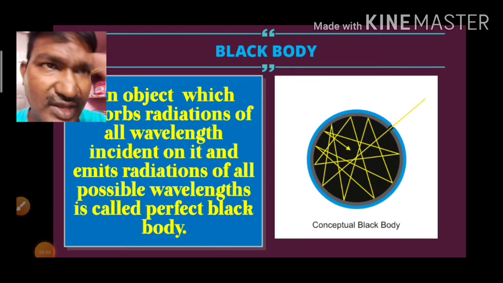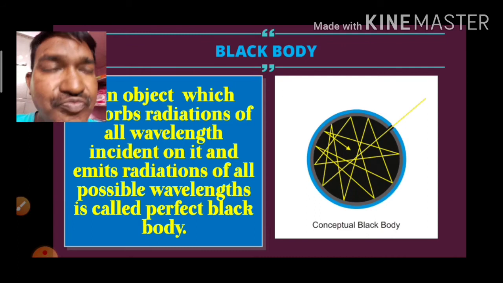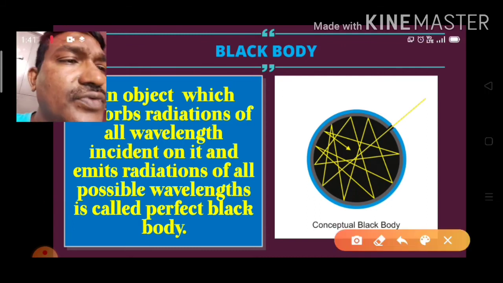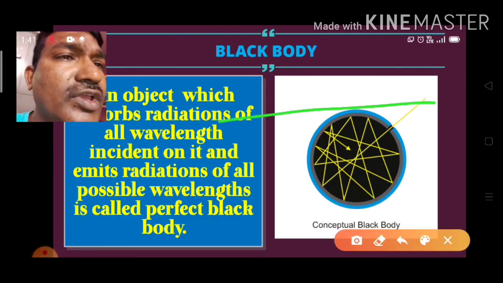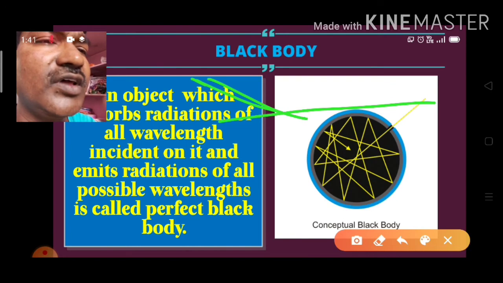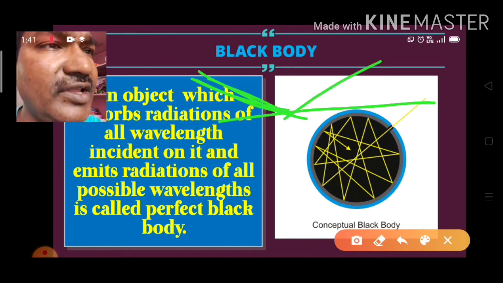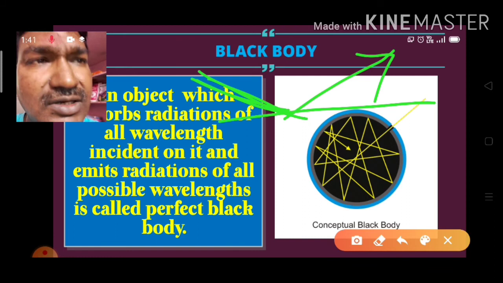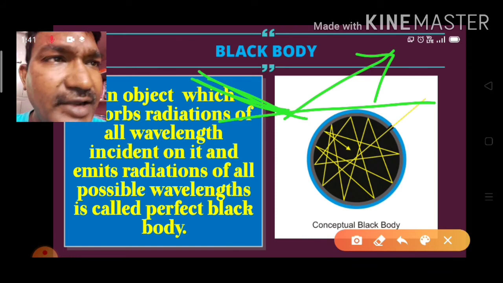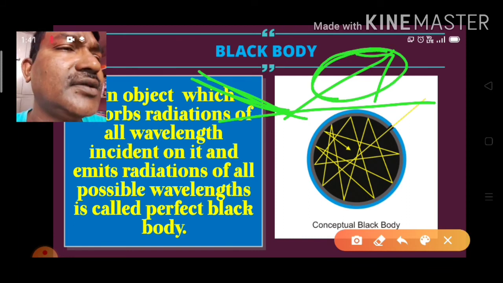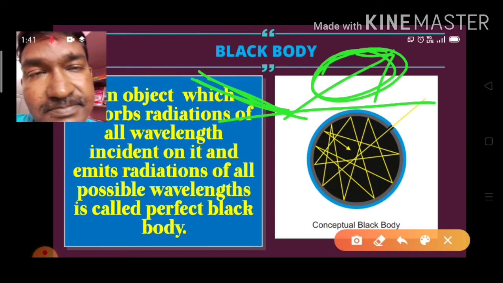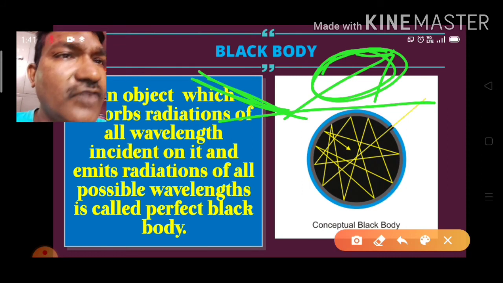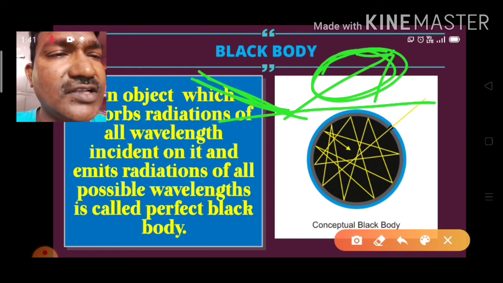So by this we can understand what is meant by a black body. Look here, my dears, if the incident light is completely reflected and the object does not absorb any light, then that object appears in the white color, because none of the seven colors, that means VIBGYOR, is absorbed by the object.